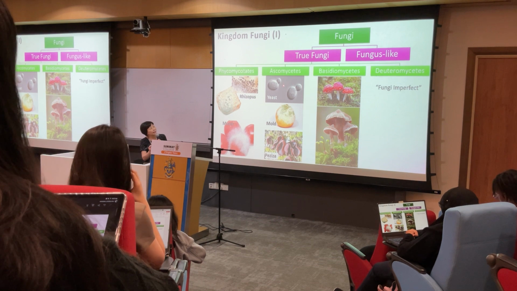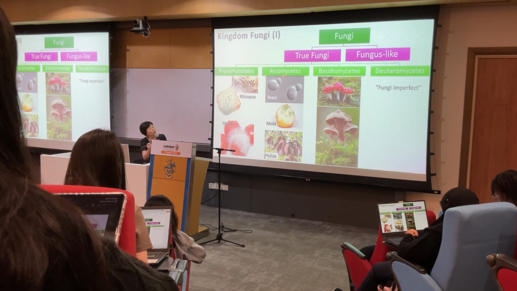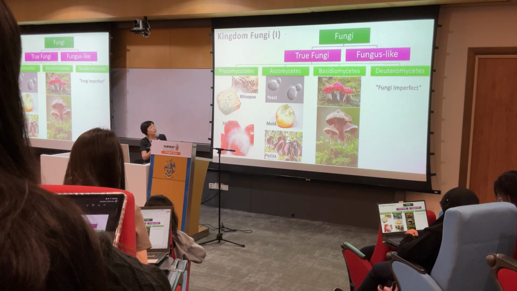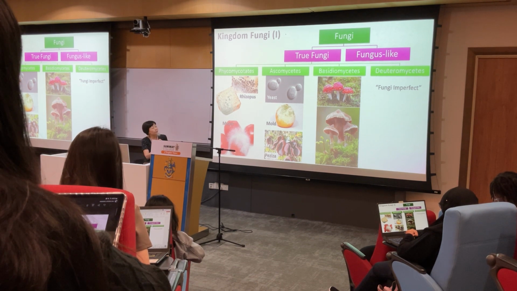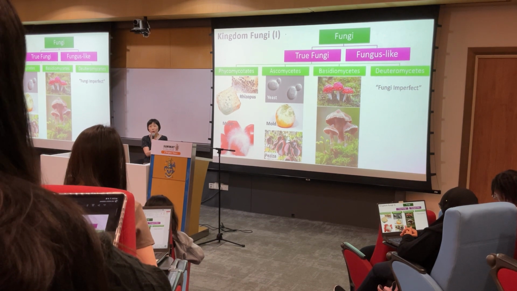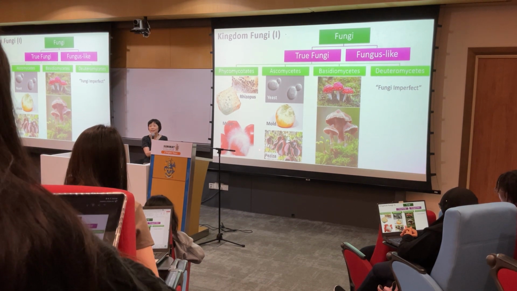Ascomycete and Basidiomycete are the very large and main groups of the kingdom of fungi. Ascomycete includes yeast, mold, and this one is Peziza. Are you familiar with that? This is a food we always eat in Chinese dishes.